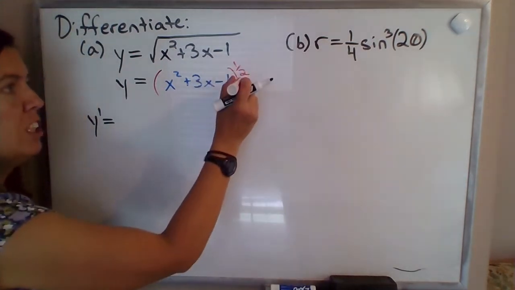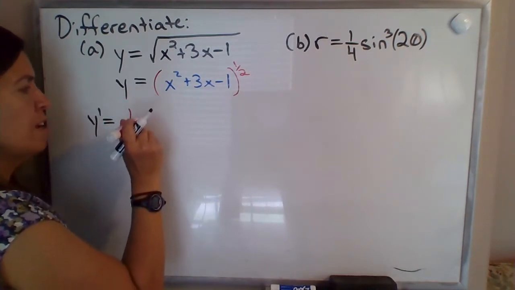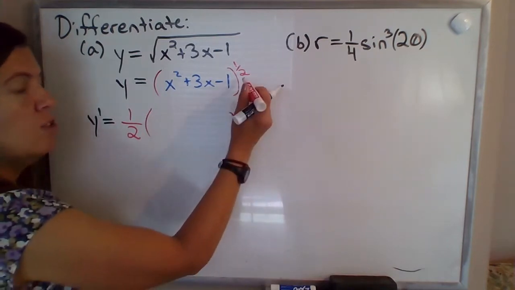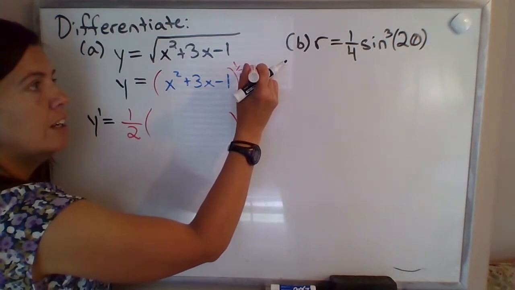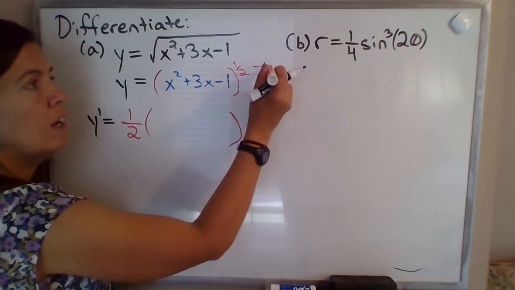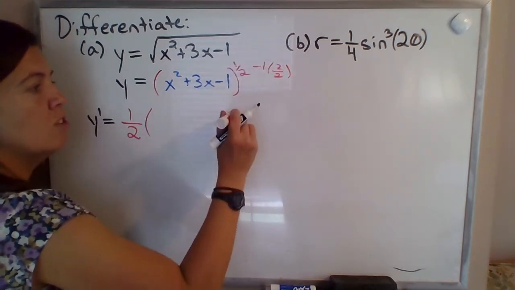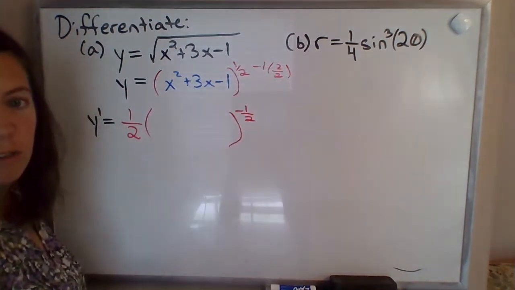The power rule for differentiation says the power comes down. With the chain rule, we leave the inside alone, and then subtract 1 from the exponent. So if you have 1/2, you take away 1, which is 2 over 2. You'll have 1 minus 2 over 2, which is negative 1/2. 1/2 minus 1 is negative 1/2.